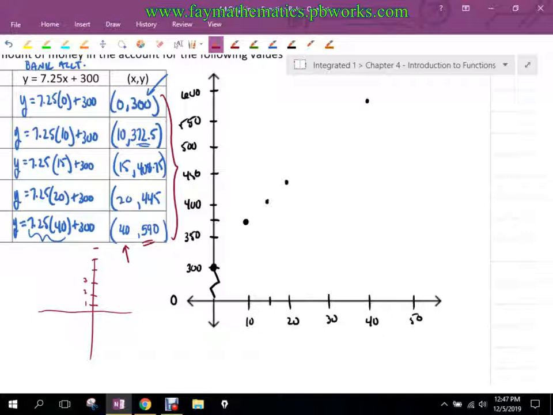A lot of times in the previous examples, my x-axis was going 1, 2, 3, 4, 5. My y-axis was going 1, 2, 3, 4, 5. So the intervals were the same, but they don't have to be. On my x-axis, my intervals are a length of 10 units. So 10 to 20, 20 to 30, 30 to 40. The y-axis is going from 300 to 350, 350 to 400, so by 50s. You can change those to anything that you want.